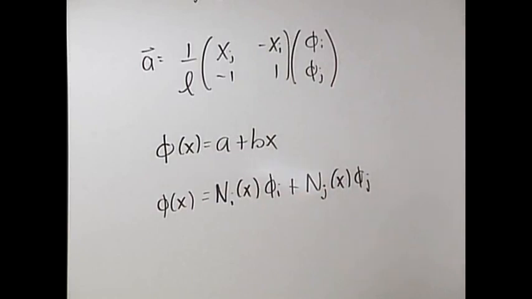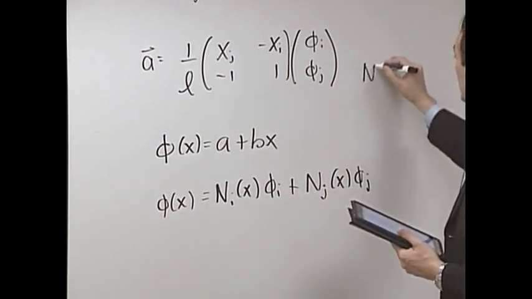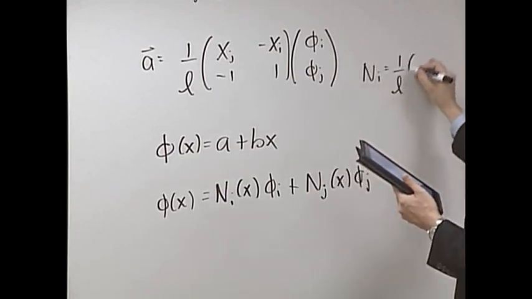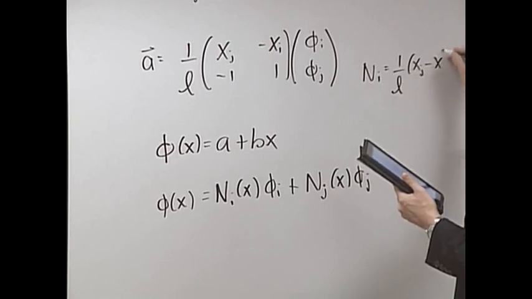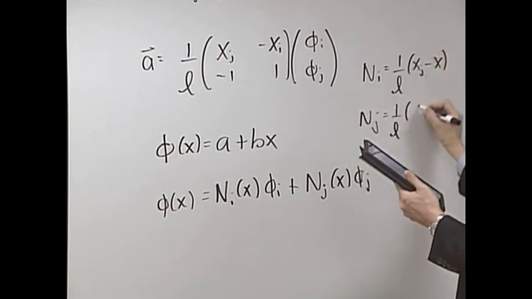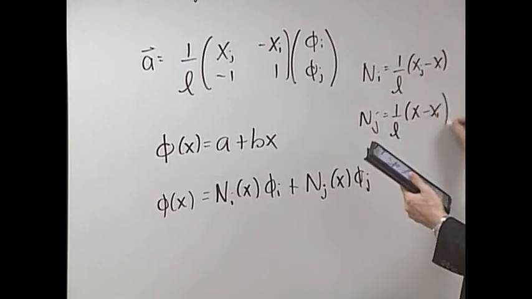You get this sort of abstract representation where the Ni and Nj are what's called Lagrange polynomial coefficients. And let me show you what they look like. The Ni is equal to 1 over L, xj minus x. The Nj is 1 over L, x minus xi.